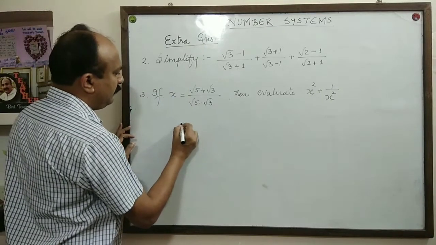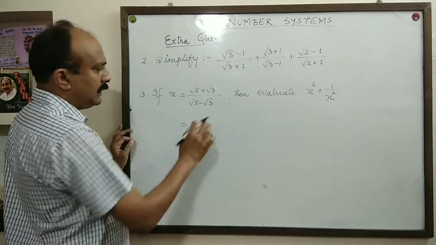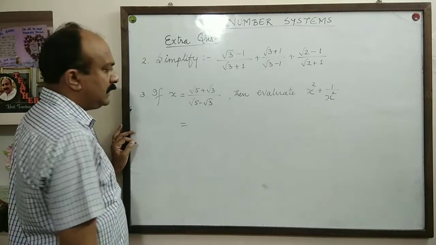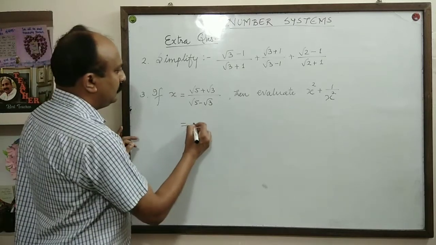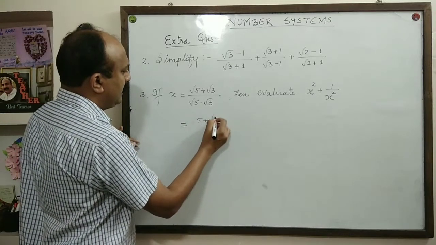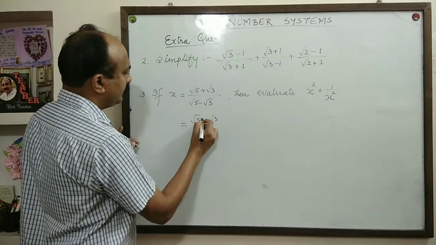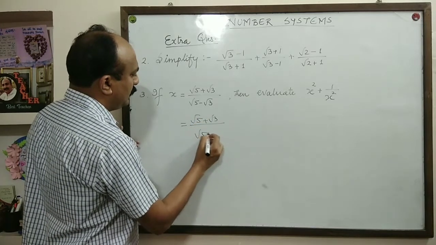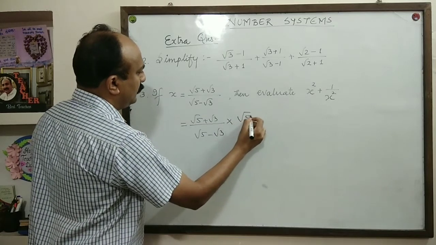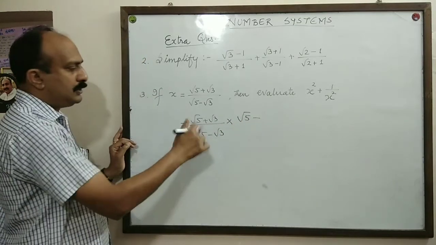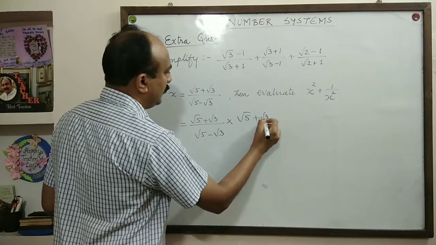Okay, let us simplify x alone. By multiplying by the conjugate, I am going to simplify x. So root 5 plus root 3 upon root 5 minus root 3. Numerator and denominator will be multiplied by the conjugate, that is root 5 plus root 3.